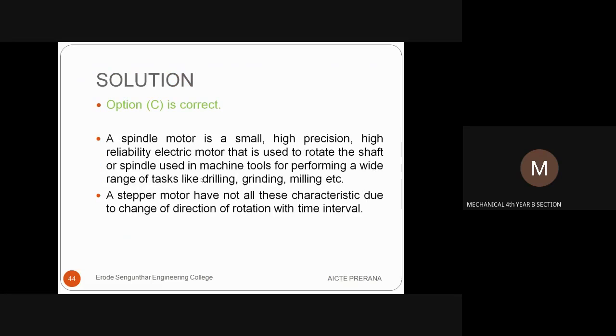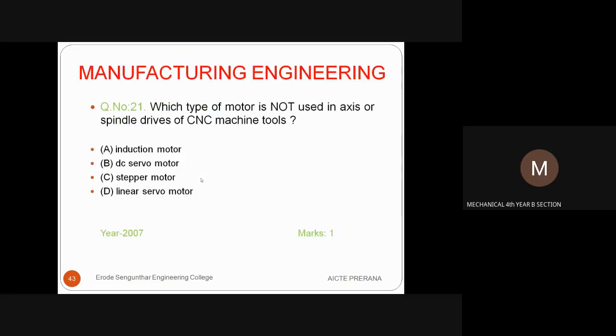The spindle motor is a small motor with high precision and high reliability. The electric motor is used to rotate the shaft or spindle in a machine tool for performing a wide range of tasks. We use a spindle motor only for continuous operation, so a stepper motor does not have all these characteristics. These characteristics are not satisfied by the stepper motor, and the odd man out is the stepper motor. So the option is option C, stepper motor.